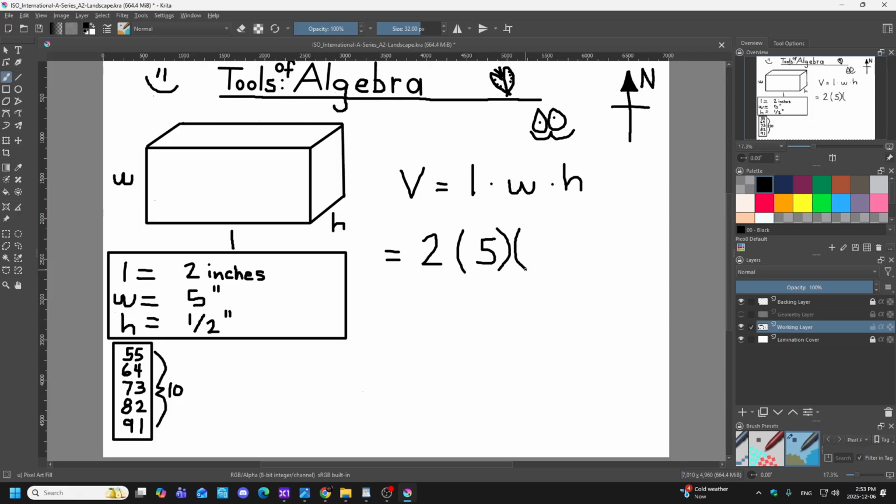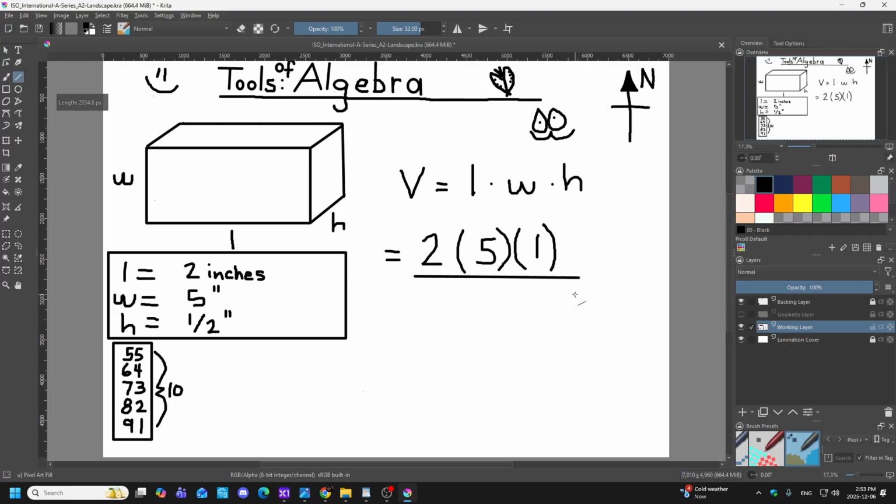And our height is 1, essentially, that's going to be all divided by 2. Okay? I must be careful. 2 over 1. So what we have really is this.